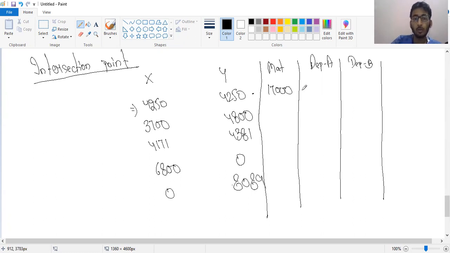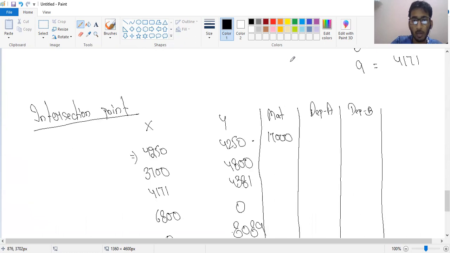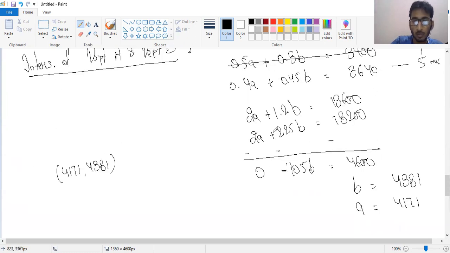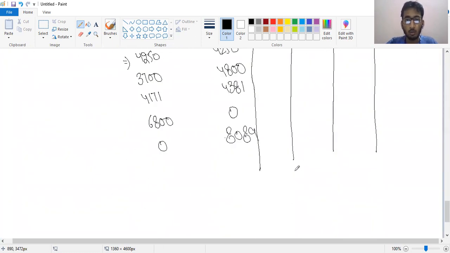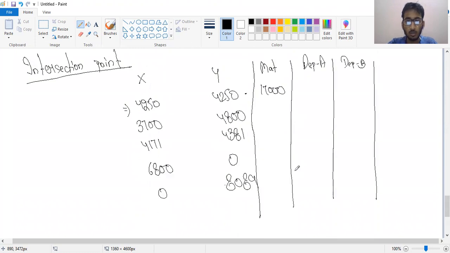Okay. Now for department A, what is the availability? Sorry, not availability, use ratio. For department A, it is 0.5 and 0.3, and for department B it is 0.4 and 0.45.